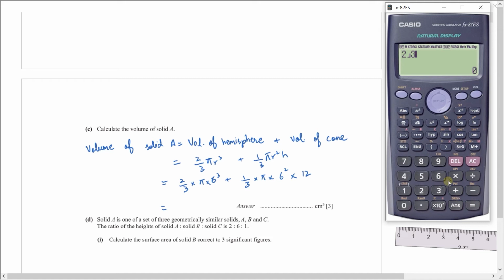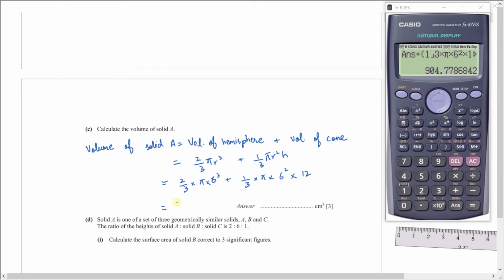2 over 3 into pi into 6 cubed, plus 1 over 3 into pi into 6 squared into 12.